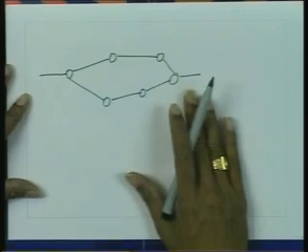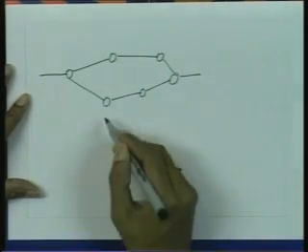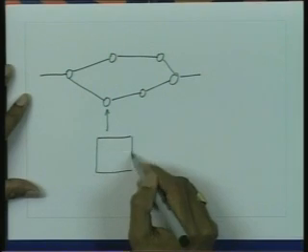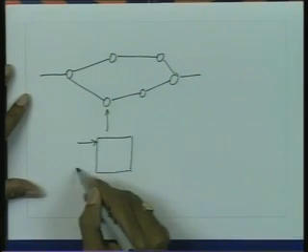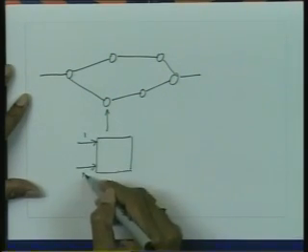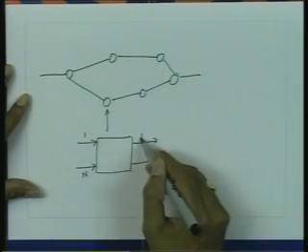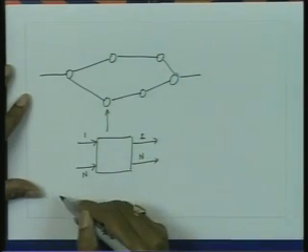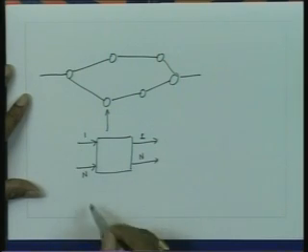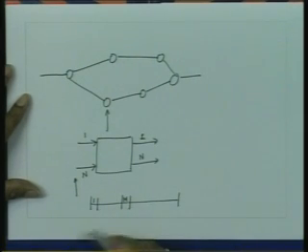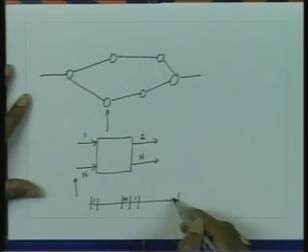Now if you look at this as a network of circuit switch nodes, we have seen that each of these nodes could be a switch with 1 to n input ports and 1 to n output ports. On each of these links you have a TDM frame where you may have 1 to m slots, and these slots may get repeated.